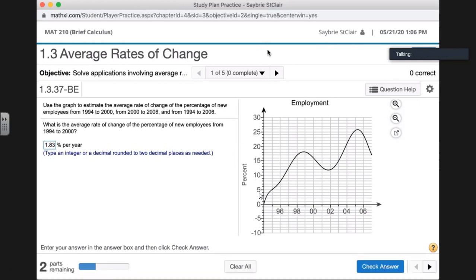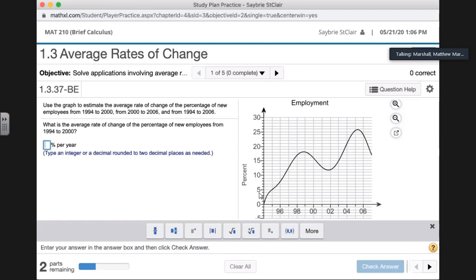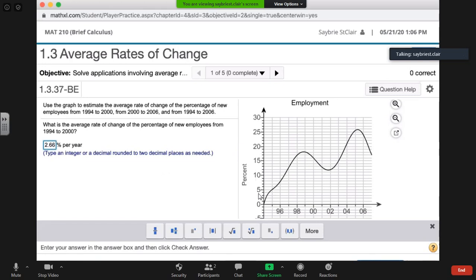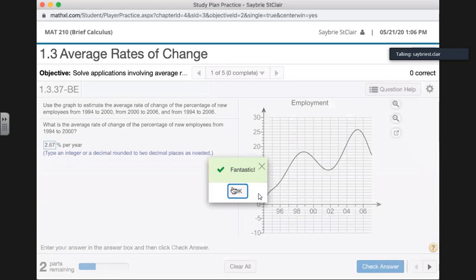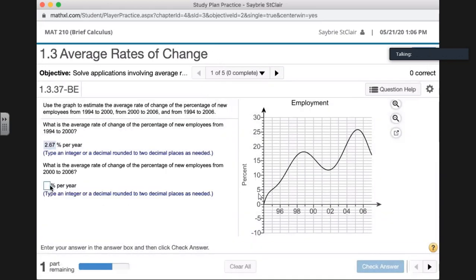Let's try that. 16 divided by 6 is 2.6666 repeating percent. So maybe 2.67. There we go. Just gotta get the right coordinates.